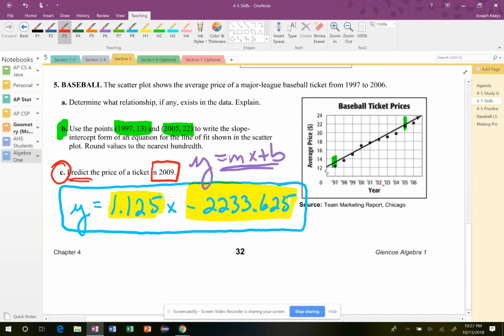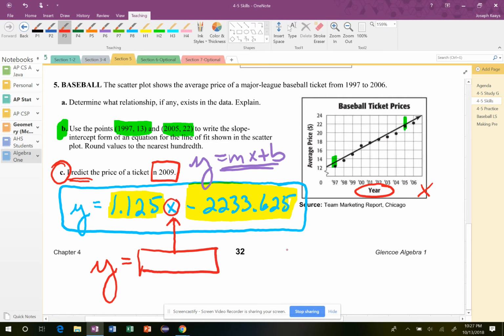Notice 2009 is a year. That is along the x-axis. So basically, they are telling us a very particular x value, and all we have to do is plug in 2009 to this equation, and that is going to produce a particular y value.